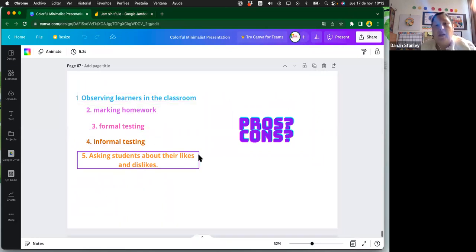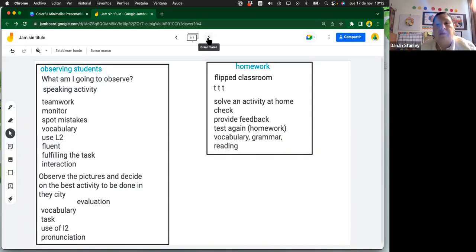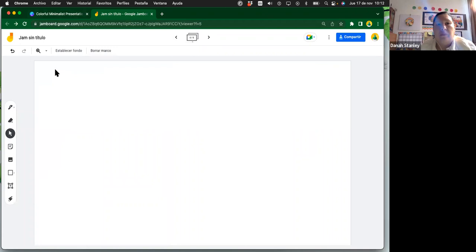Formal testing, pros and cons, the exams. Así, traditional exams, the typical exams. Normally, what happens with students in the exams?